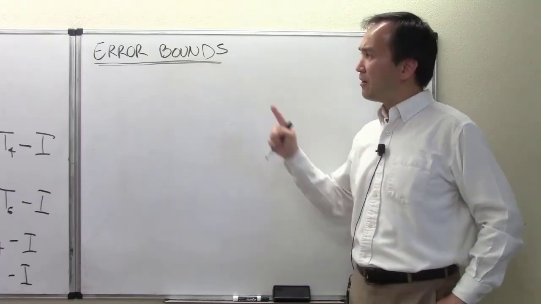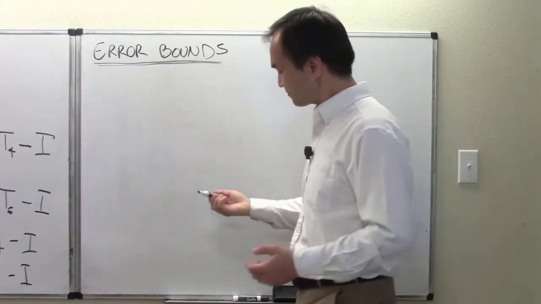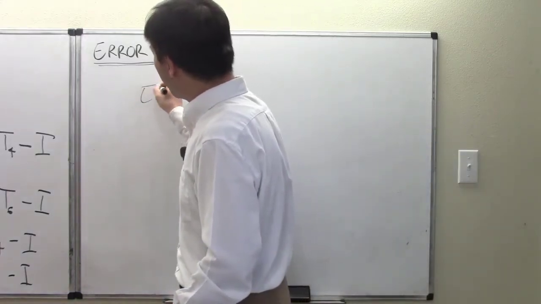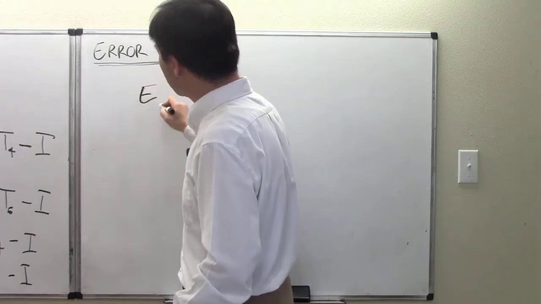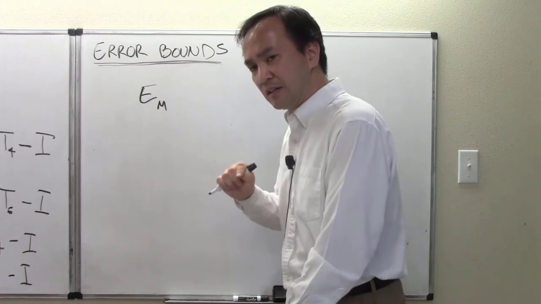Okay, but now when we're talking about error bounds in general, as a generality here, I'm going to define a capital letter E with a subscript M. Many textbooks do a similar thing.